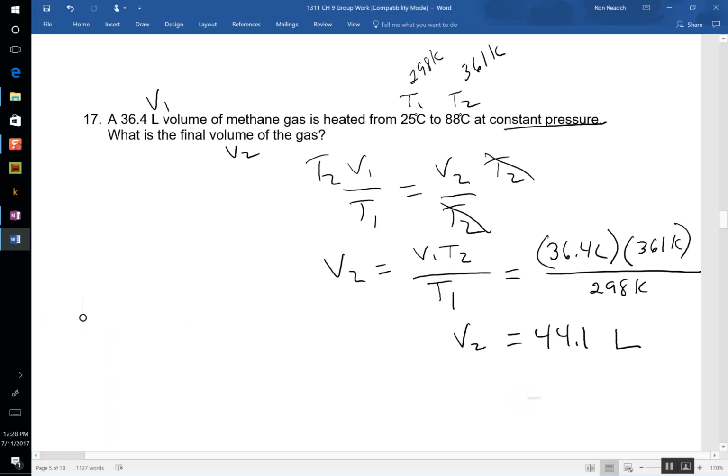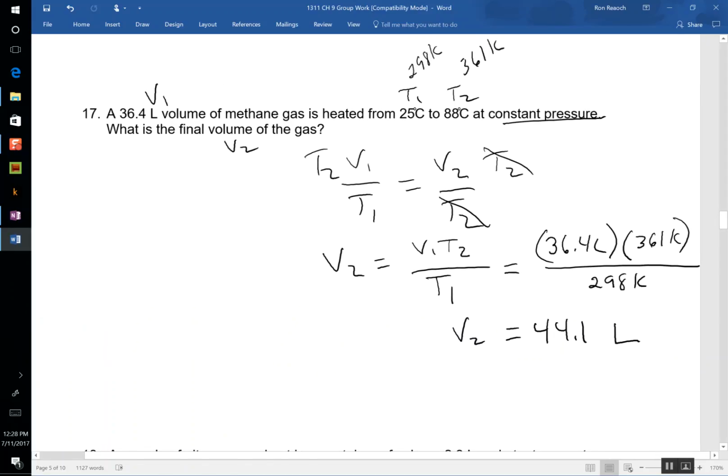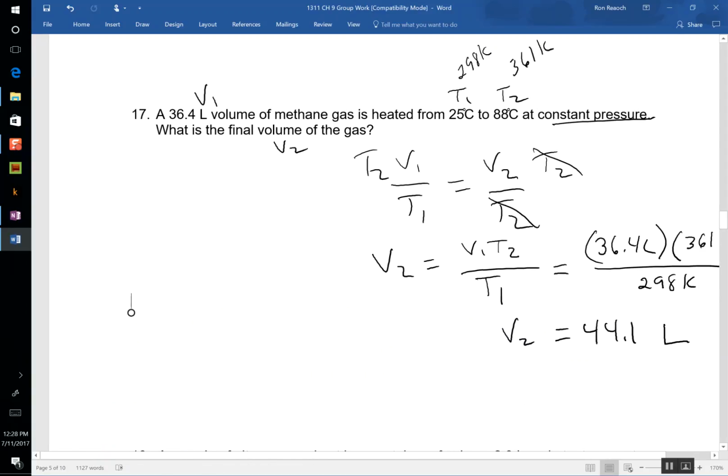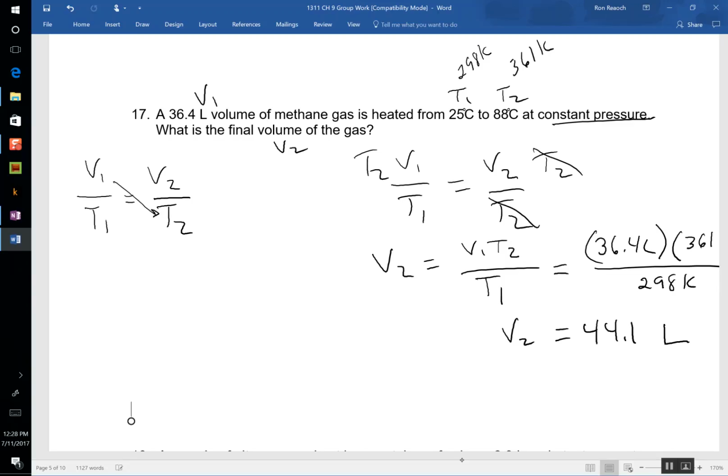Let me just mention, because some students like this, here's Charles' law. Now you can cross multiply these and get that V1 times T2 equals V2 times T1.